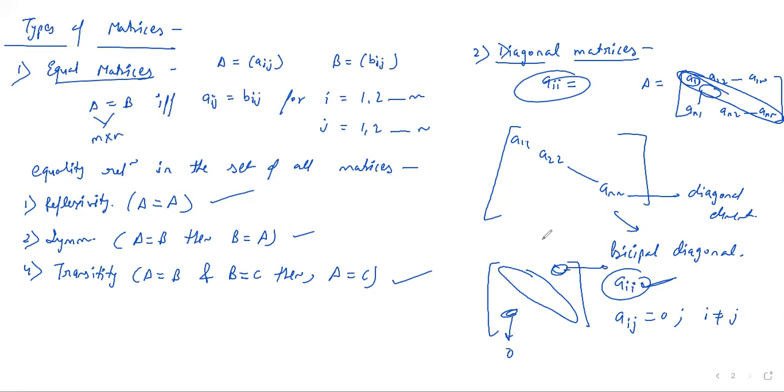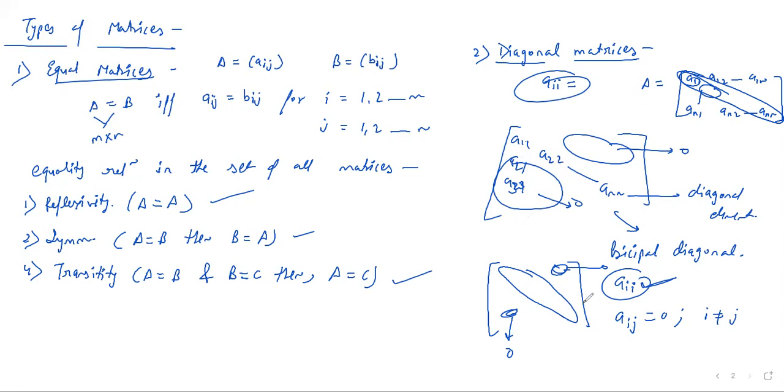I have only the diagonal elements and all others are equal to 0. Then I say that my matrix is a diagonal matrix.